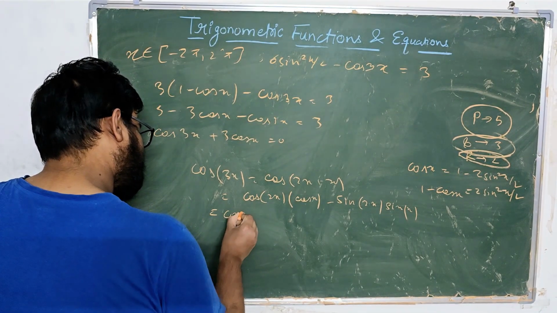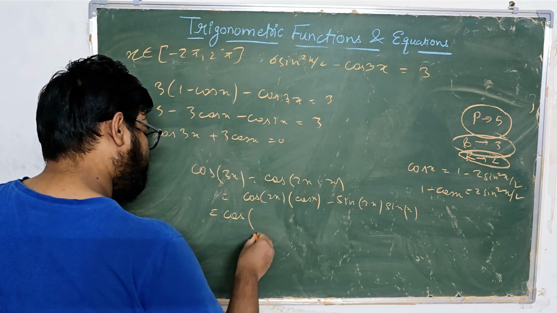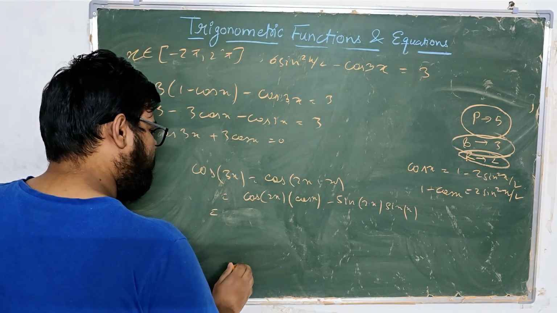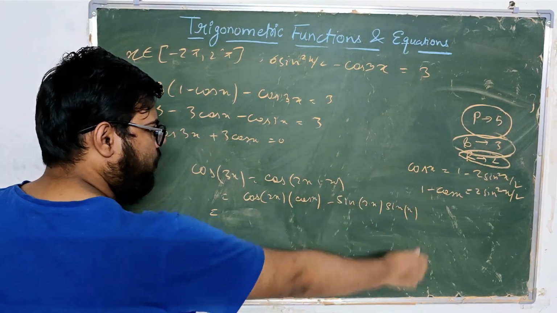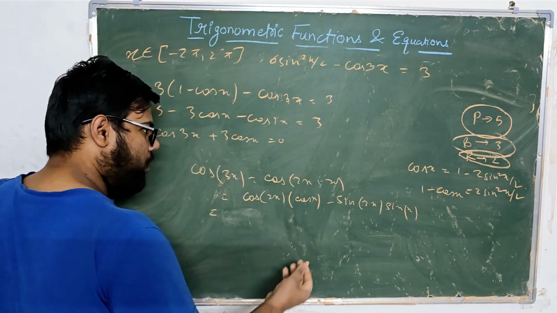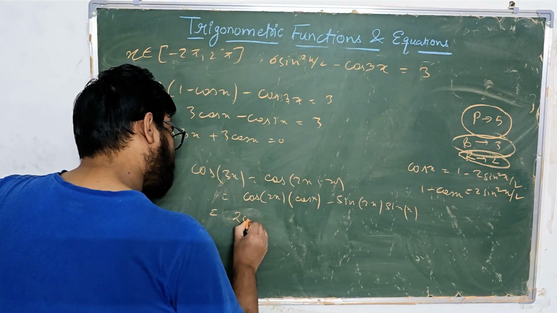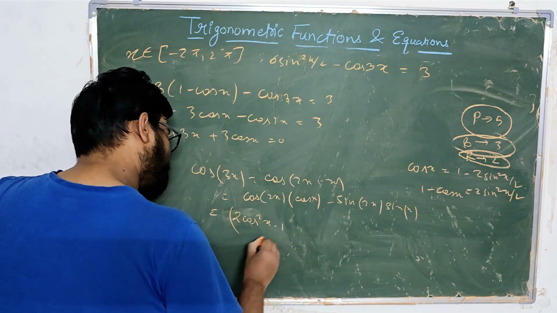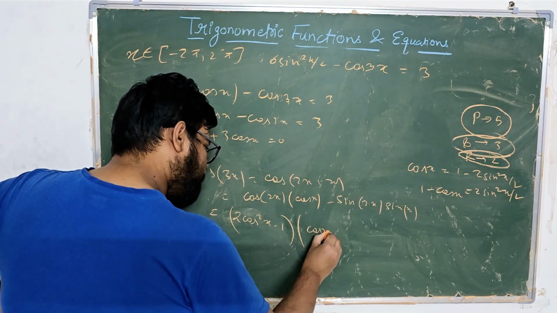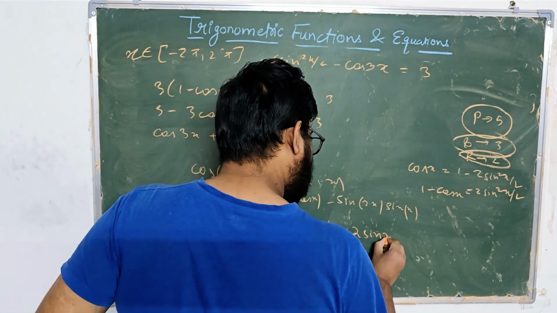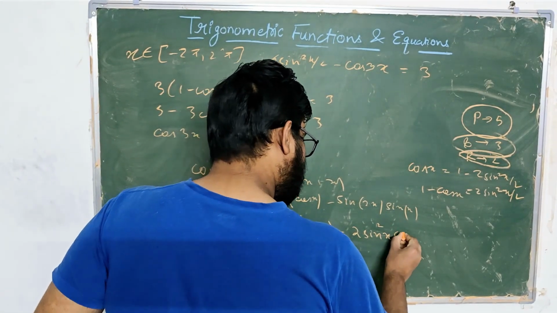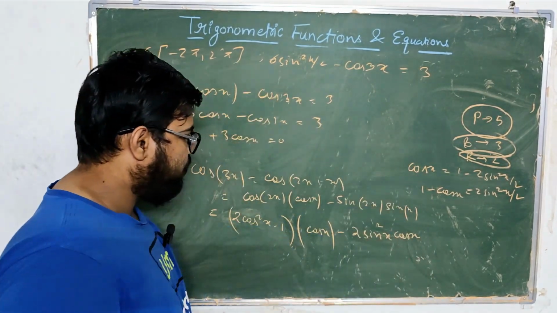We get, you can take cos 2x and write it in terms of cos, so we will have 2 cos square x minus 1 times cos x minus 2 sine square x into cos x, correct?